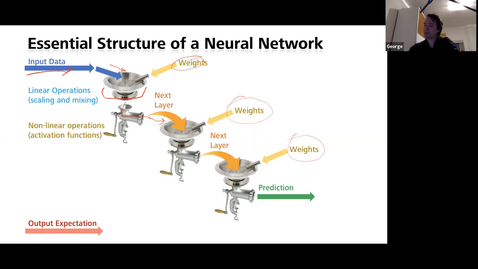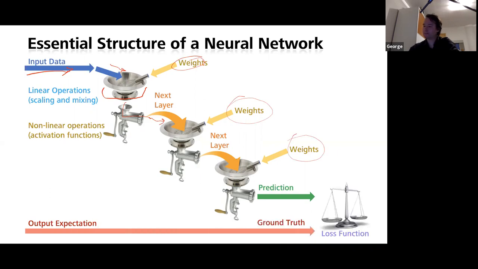So what we do, we compare it with what we want it to be, which is called ground truth, through a loss function. A loss function is basically a form of difference between the two, and there are several types of them, but the simplest one is we take the two, we subtract them, and we square the result.